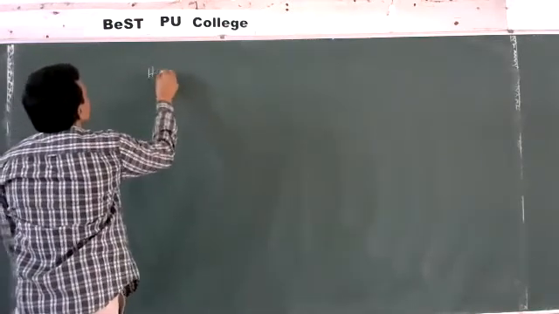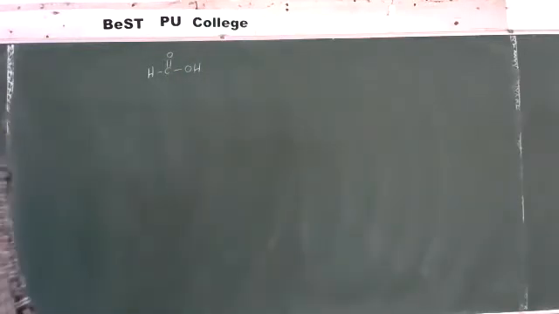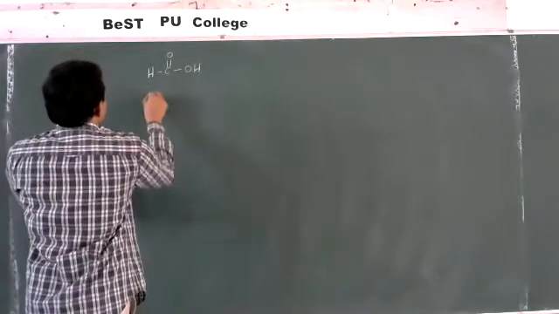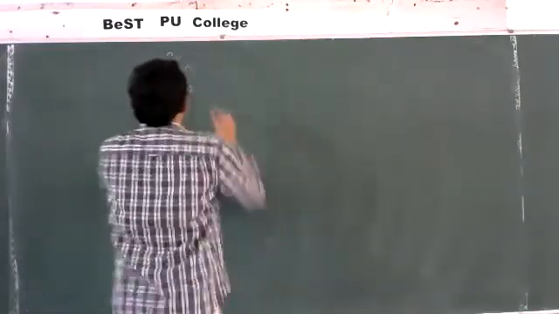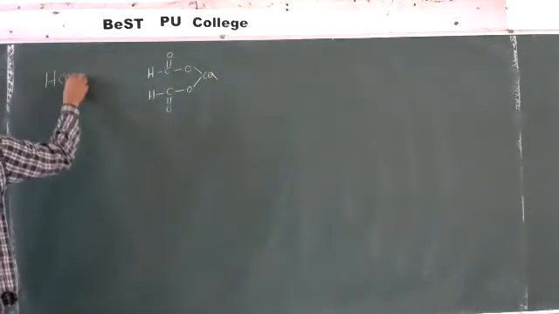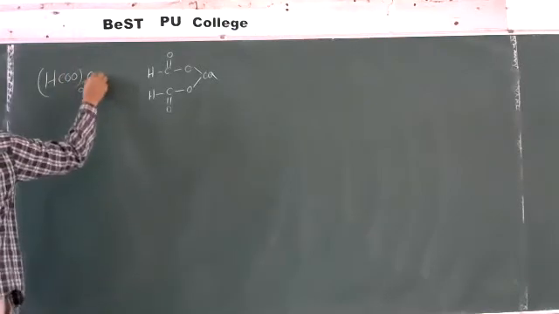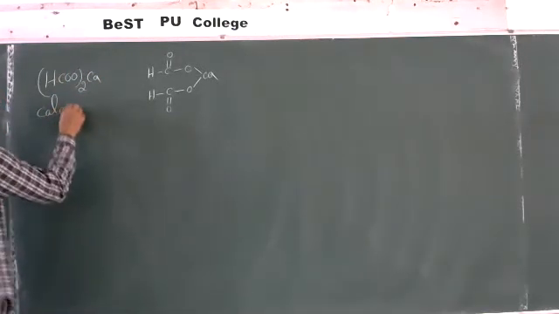See, HCOOH, which is nothing but formic acid. If you take the calcium salt of this formic acid, the two hydrogens are replaced by Ca 2 plus. Simply we can write it as (HCOO)2Ca, named calcium formate.